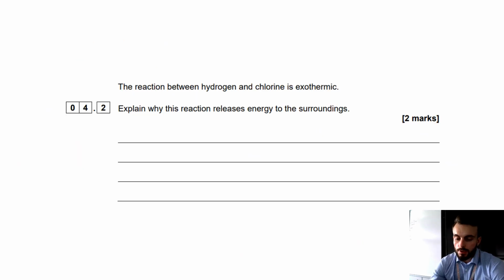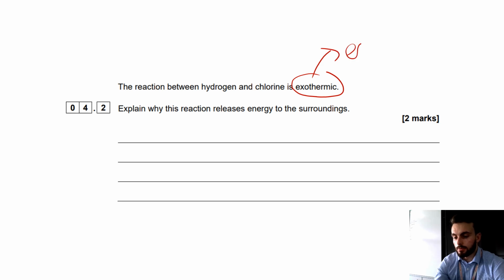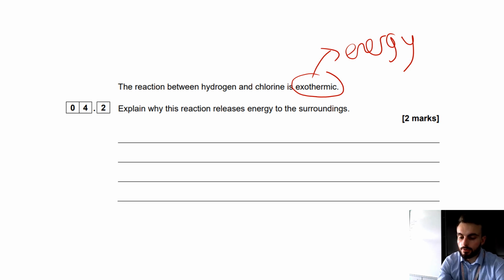The reaction between hydrogen and chlorine is exothermic. As soon as I see that word, I'm thinking energy. So energy is released, energy is exiting the reaction, exothermic. Explain why this reaction releases energy to the surroundings. So remember, whenever you've got a chemical reaction, there's always an endothermic aspect to it and an exothermic.